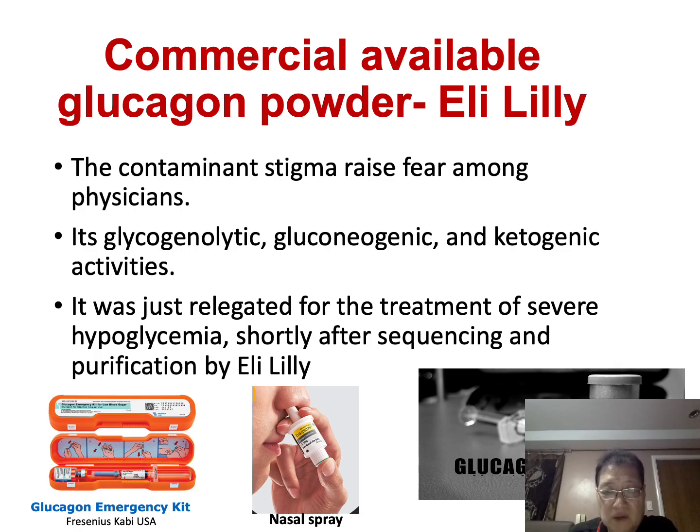However, in 2019, the FDA approved the first nasal glucagon powder for severe hypoglycemia, delivered as a dry powder spray in a portable single-use ready-to-use device. All of these are available in the States.